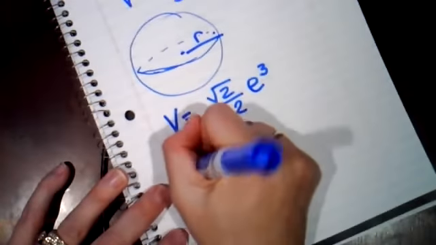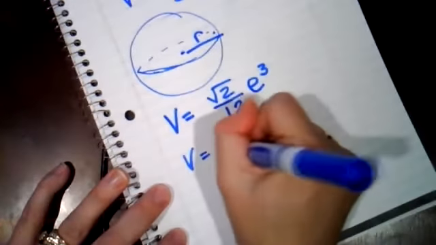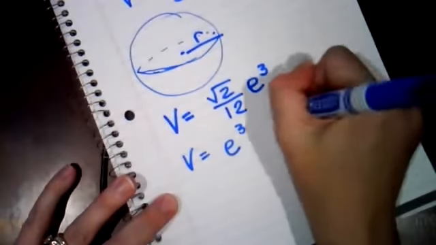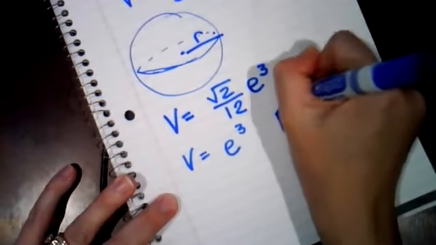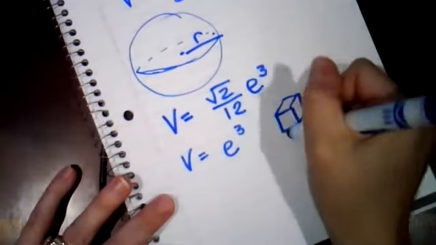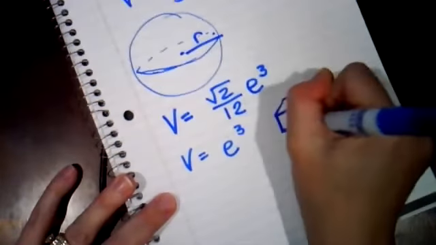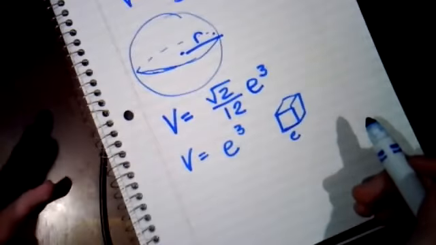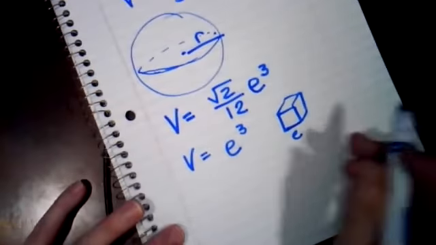Okay, the volume of a cube, they have written down as E cubed, and that is just an edge. So if you had a cube like this, you need to know this is your E, this length right down there. And with a cube, your sides are all going to be the same, all right?